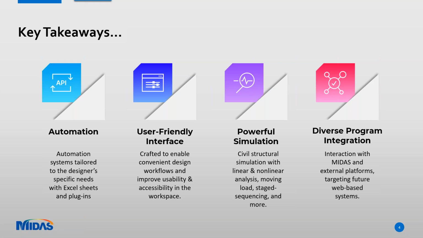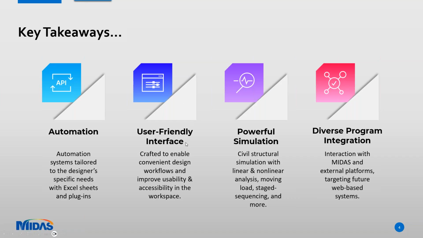The main key takeaways from Civil Linux are divided into four categories: automation, user-friendly interface, powerful simulation, and diverse program integration. Why automation? Because, as I said, we are going to integrate design sheets through Excel sheets, or we can create any geometry or inputs using the plugins.